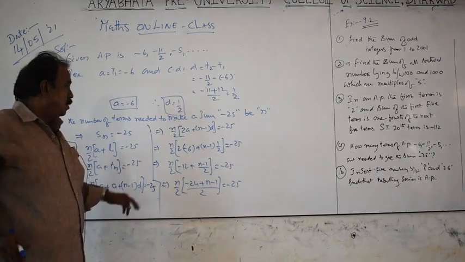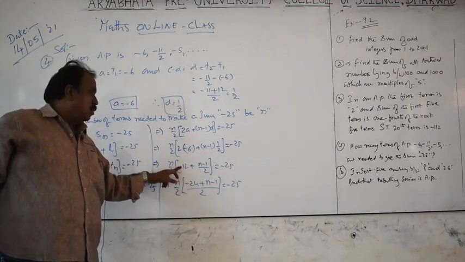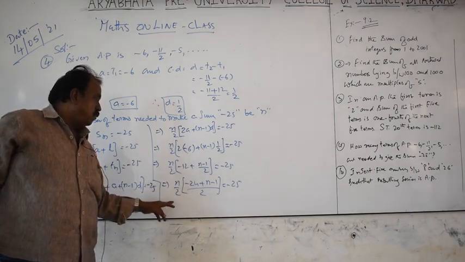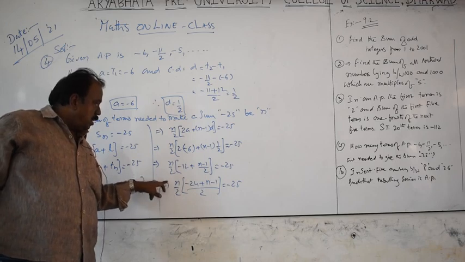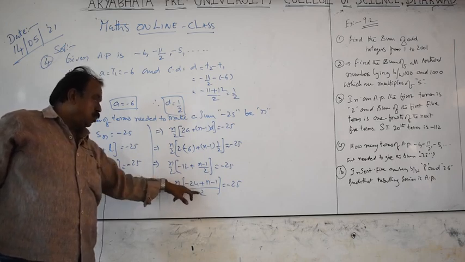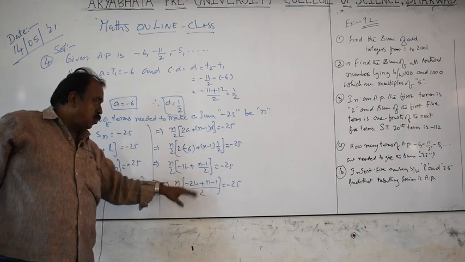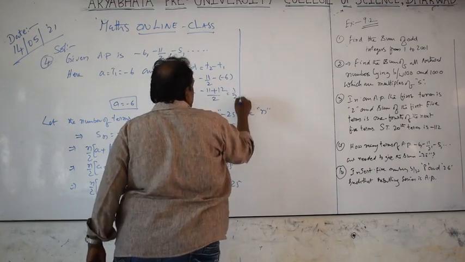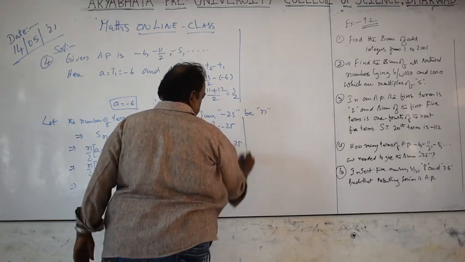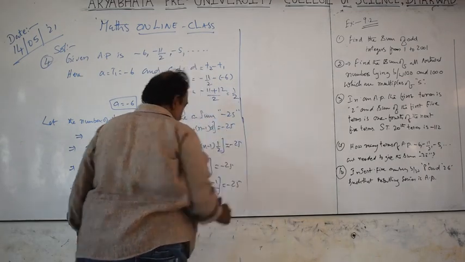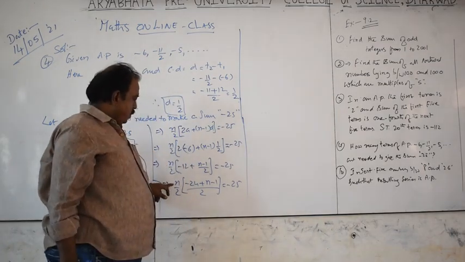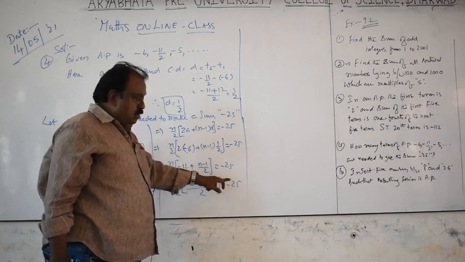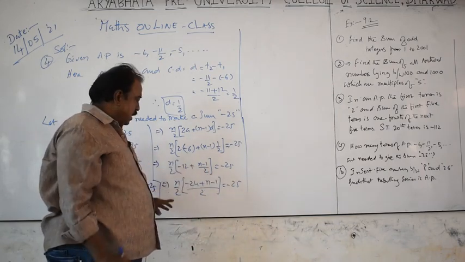Will you agree? LCM 2, so 12 becomes 24. This n minus 1 is as it is, by 2. Here in the denominator already 2 is there. 2 into 2, 4 goes to that side. Now I will solve here. Minus 25 into 4 is minus 100.